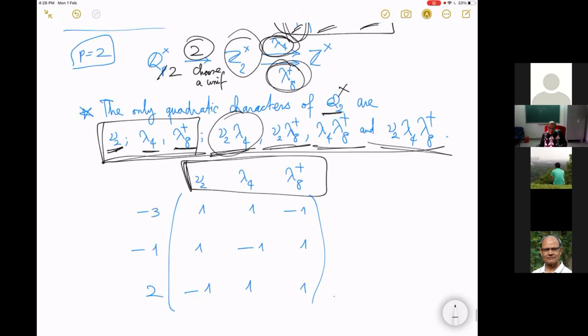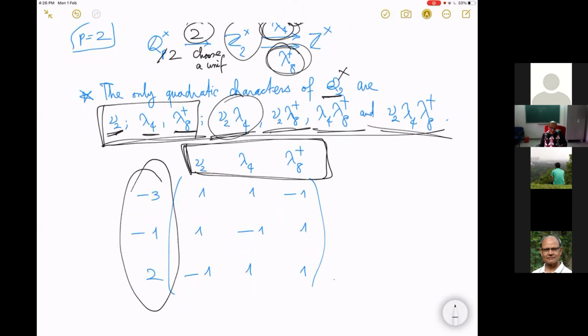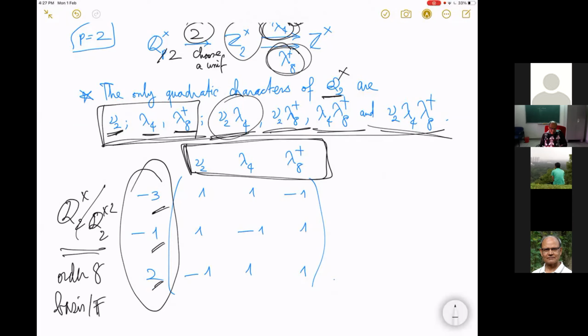So basically you have these three basic quadratic characters, and you have three elements which generate Q2 star modulo Q2 star squares. It's a group of order 8, and these three elements constitute a basis over F2.